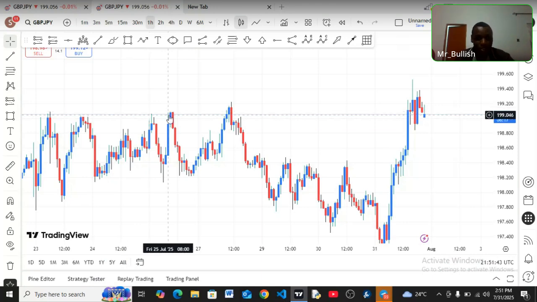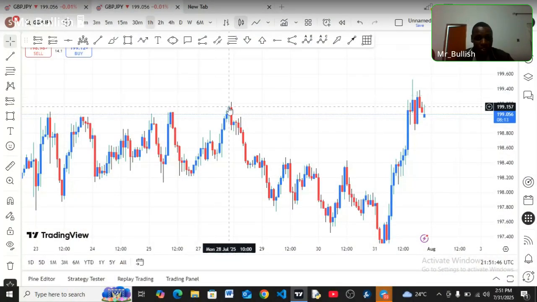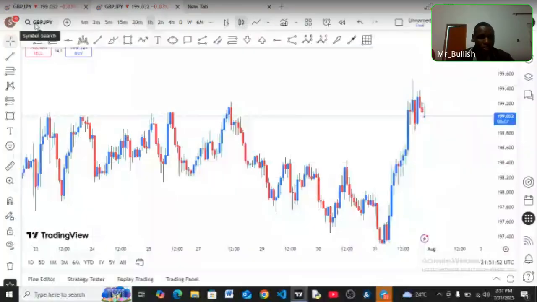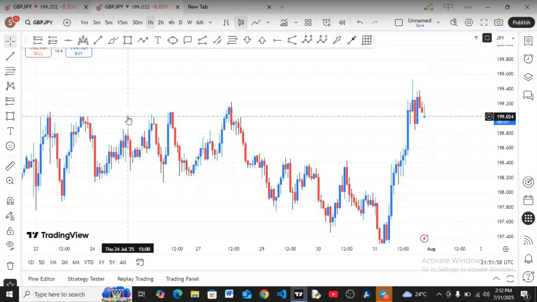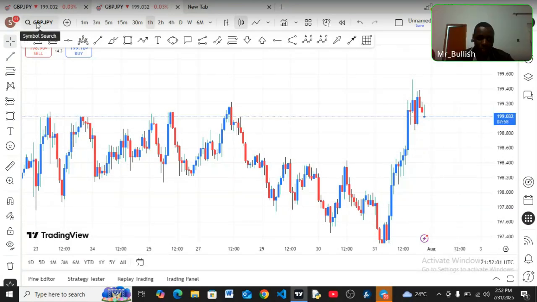You cannot trade one currency like this. GBP stands for Great British Pound, while JPY stands for Japanese Yen. You have to have them like this. This is a currency pair. What you are doing is buying and selling one currency against another.